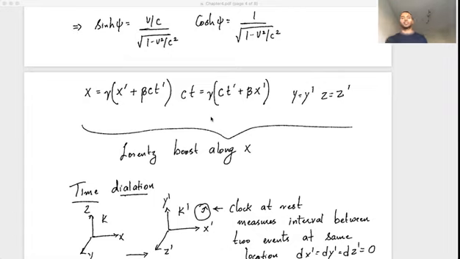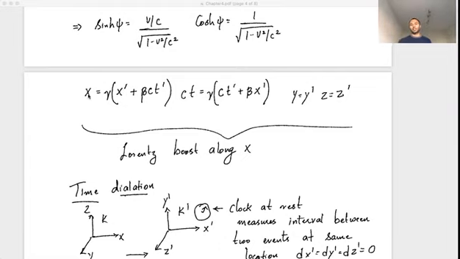So the picture you need to have is, let's say you have a frame k prime. K prime is moving with respect to frame k with some velocity v. V by c is beta, and 1 over square root of 1 minus beta squared is gamma. With those quantities given, this is how you would go from the primed frame to the unprimed frame, okay?